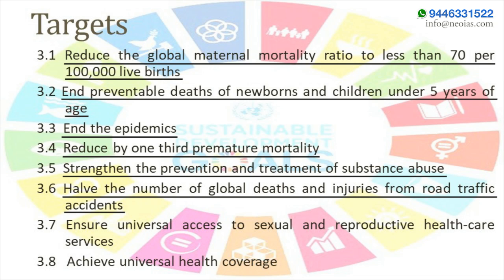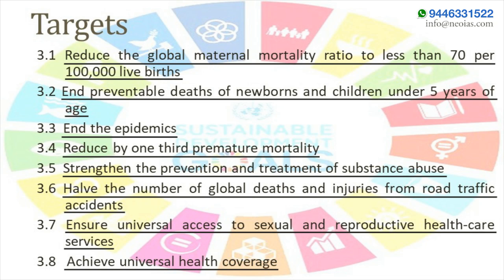Seventh one is by 2030, ensure universal access to sexual and reproductive health care services, including for family planning, information and education, and integration of reproductive health into national strategies and programs. Eighth one is to achieve universal health coverage, including financial risk protection, access to quality essential healthcare services and access to safe, effective, quality and affordable essential medicines and vaccines for all.